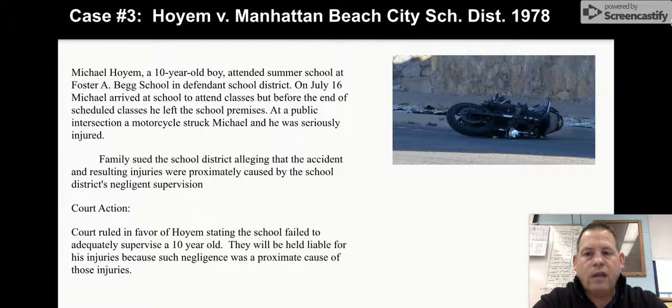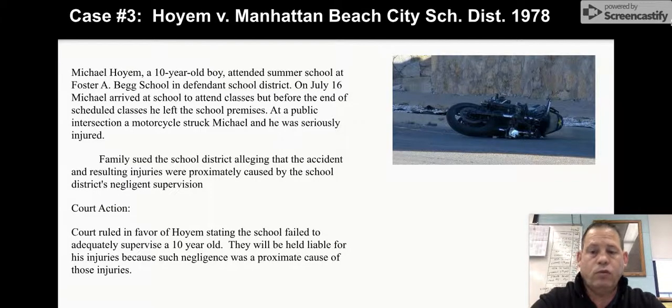The next case, case 3, was Home versus Manhattan Beach. Home was a 10-year-old student who was attending summer school. He went to school on a particular day, but he actually left the school premises before the end of the day. At a public intersection, he was struck by a motorcycle, which caused him some very serious injuries.